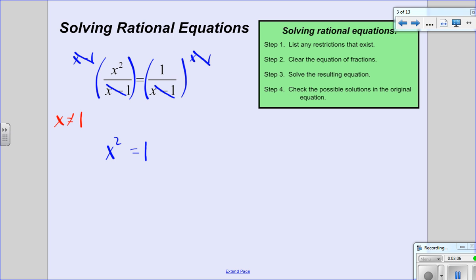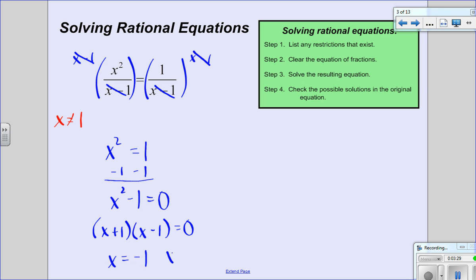Again, since we have x squared, this is a quadratic, we want to set it equal to 0, so we subtract 1 on each side. And we factor this using the difference of squares. It's x plus 1 times x minus 1. And then using the principle of zero product, we know that our two potential solutions are negative 1 and 1.